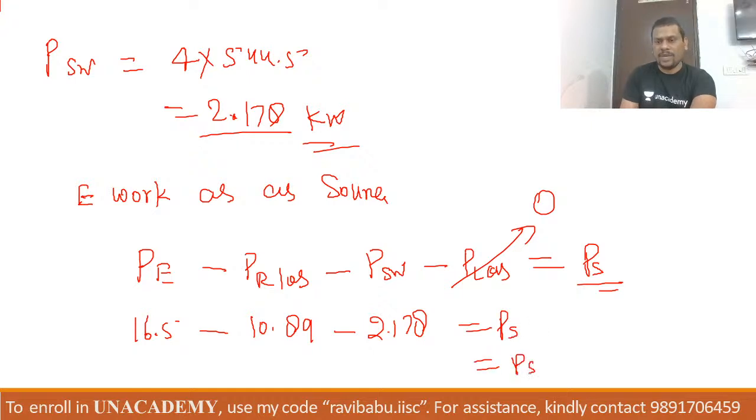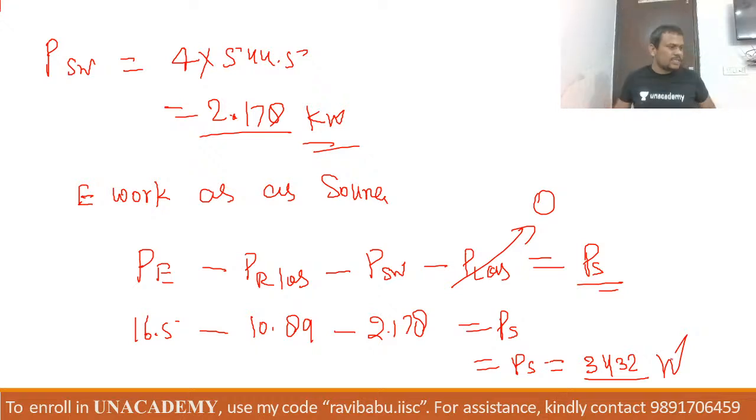So here PS will be, very nice, 16.5 minus 10.89 minus 2.178. So it will be, I think, 3.432 kilowatt. Match it, is it correct or not?